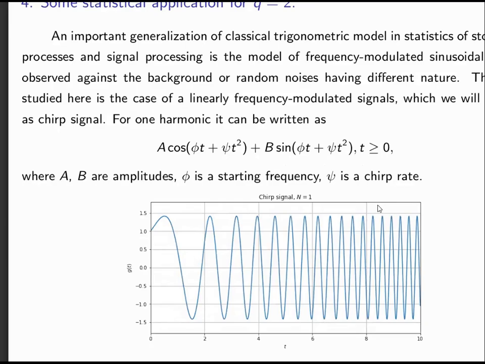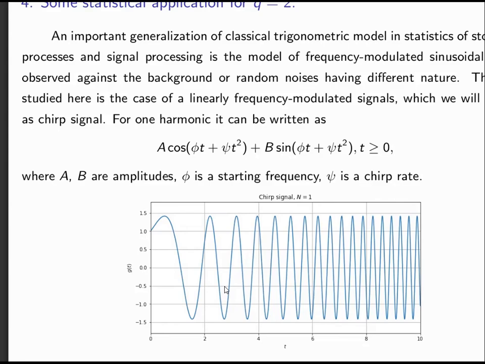Let's move on. Here we discuss some statistical application for case q equals 2. An important generalization of the classical trigonometric model in statistics of stochastic processes and signal processing is a model of frequency modulated sinusoidal signals observed against a background of random noises having different nature.